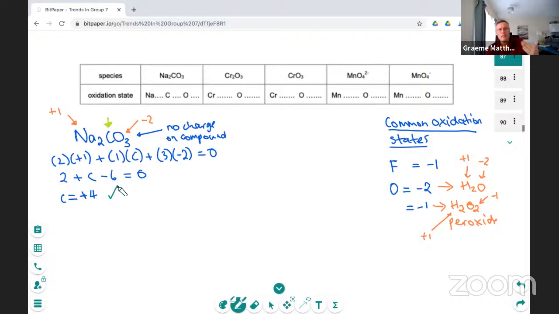What I mean is, if you did the calculations and had carbon be +6, you'd go, hold on a minute, it can't be +6 because there are only 4 valence electrons. So on this one, we said carbon is +4, oxygen is -2 and sodium is +1.